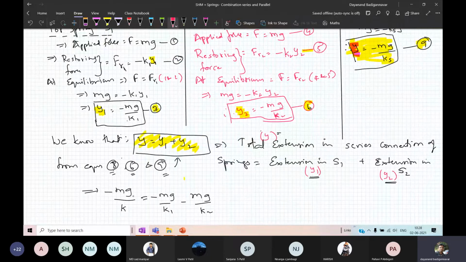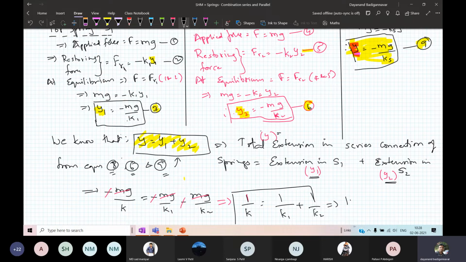You can take away the negative sign, the mass and gravity, because they are common. If I remove those, I get the final equation as 1 by k is equal to 1 upon k1 plus 1 upon k2.